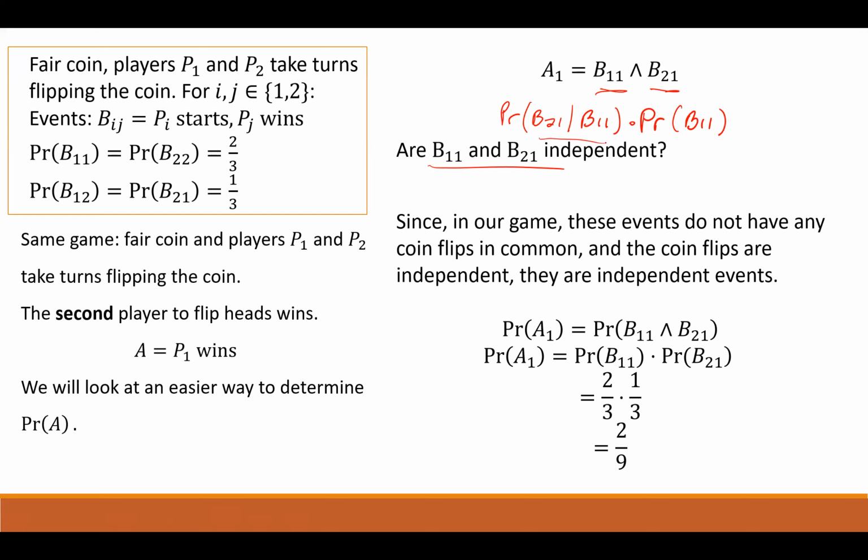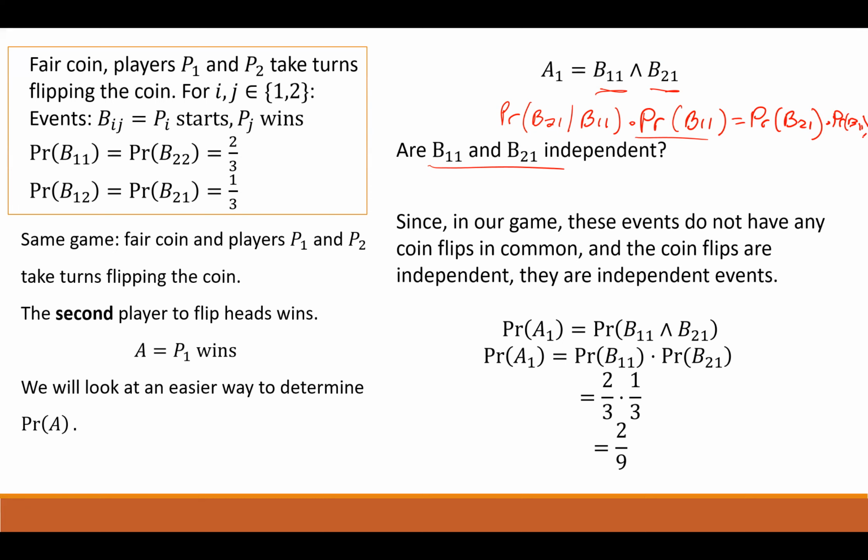But the probability that player two starts the second round and player one wins the second round, given that player one won the first round? Well, all the coin flips are independent. So that means that is simply equal to the probability of B21 times the probability of B11. So that is how you should do it.